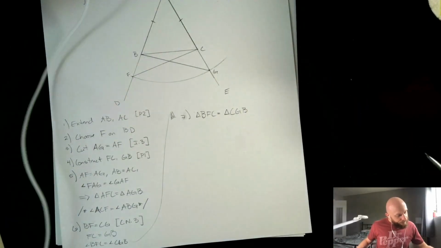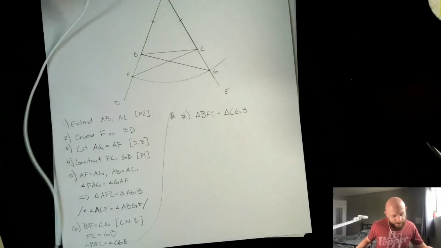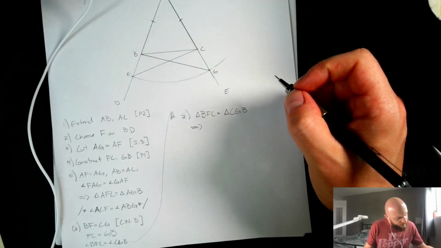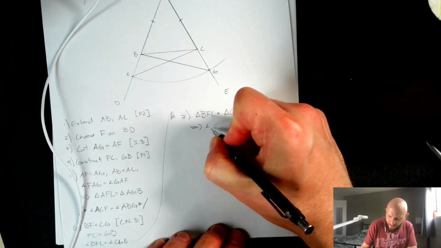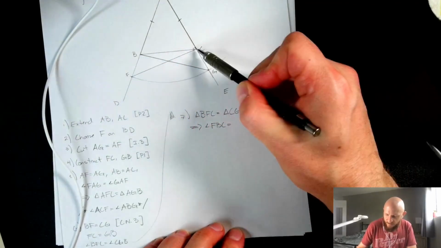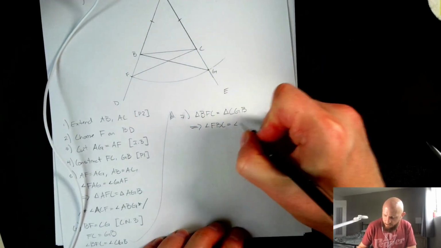All right. Let's see, so from this we can conclude one thing at least. We can conclude that in triangle FBC, angle FBC right here is equal to angle GCB.